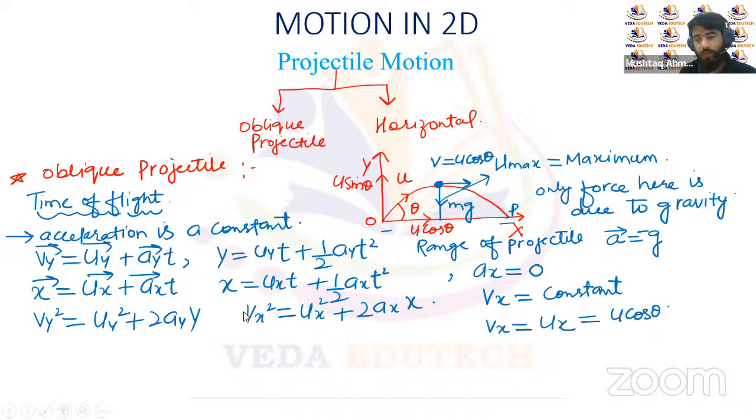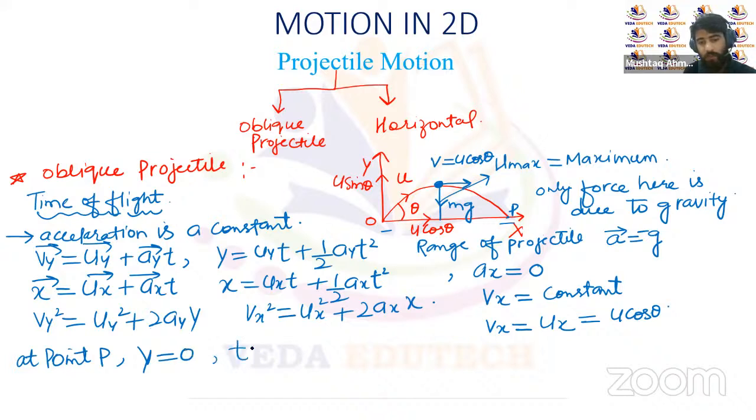So let's try to calculate the time of flight for this projectile motion first. For time of flight, we can see that when the particle strikes back to the point P, it means that the vertical displacement will be 0, right? At point P, the vertical component of the displacement will be equal to 0.